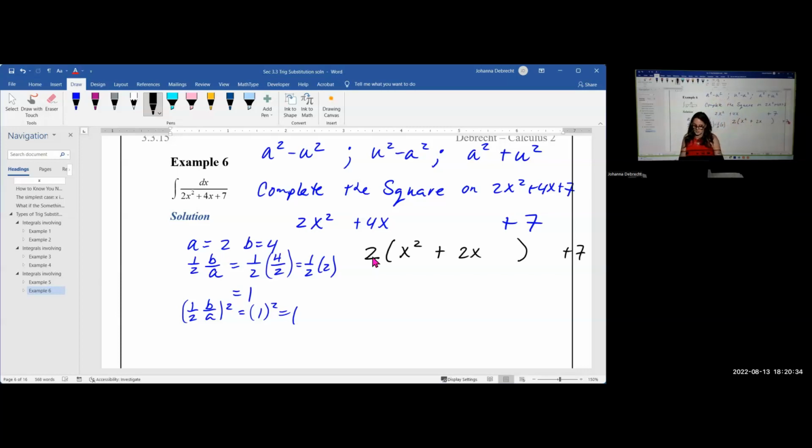Now I'm going to do something that changes it. So I'm going to add 1 in here, and then I'm going to factor that part, right? But I've now changed the problem because I added 1 that wasn't there. So to compensate, I subtract 1, right? So I've added 0. This is called adding 0. So you add a number and subtract the number. What have you added? Nothing.